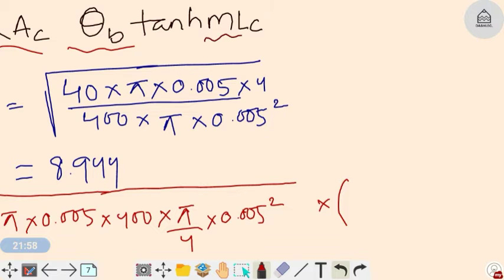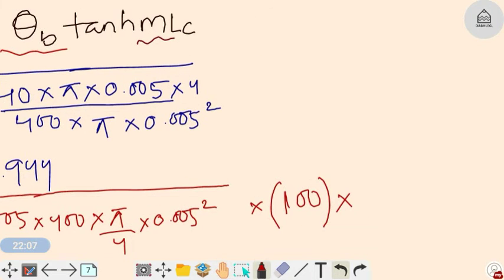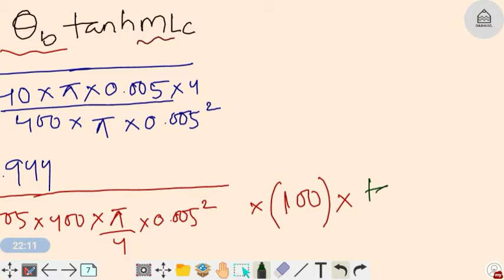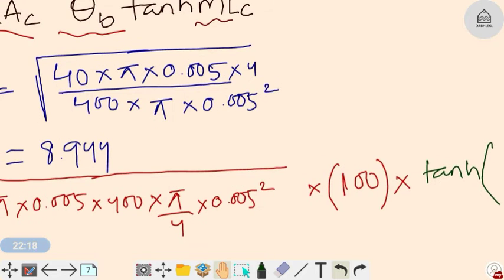So Tb minus T infinity, that is theta b, is 100, into tan hyperbolic. Okay, m value I have found out, that is 8.94.